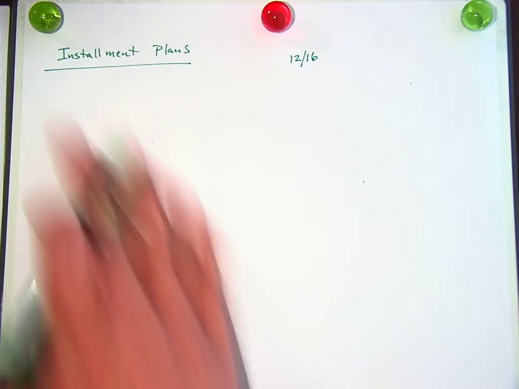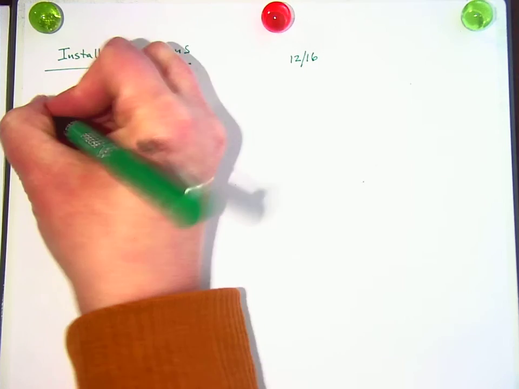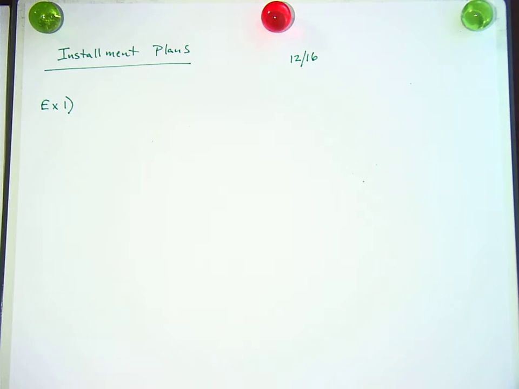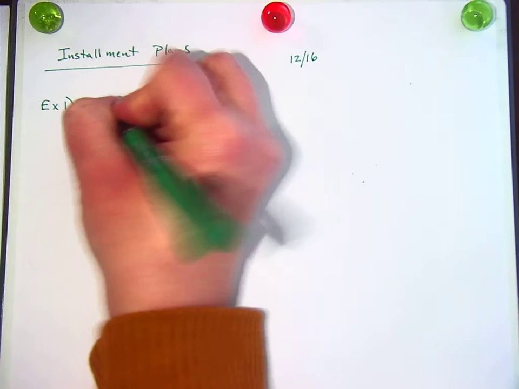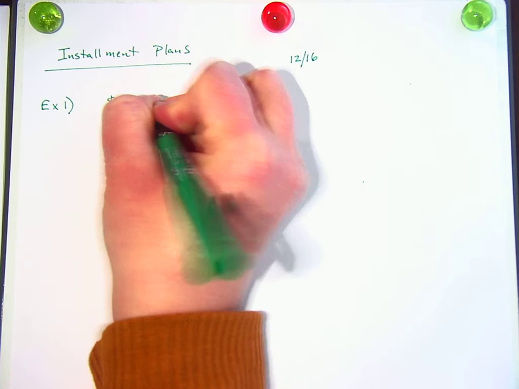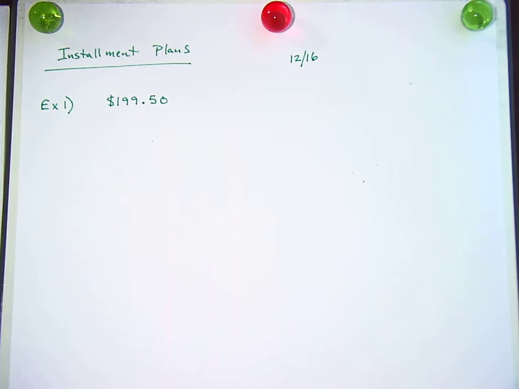So we're going to do 2 examples that you should write in your notebook. So write it down, please. Example 1 is imagining that you're buying something, who knows what it is, and it costs $199.50.